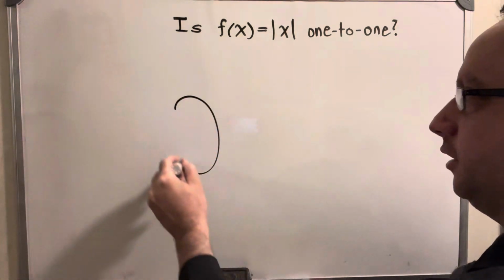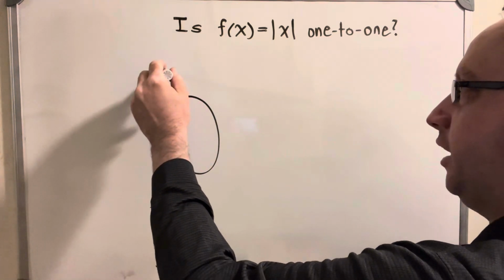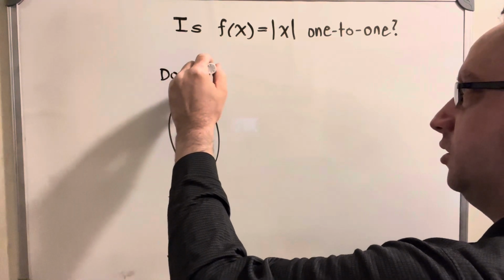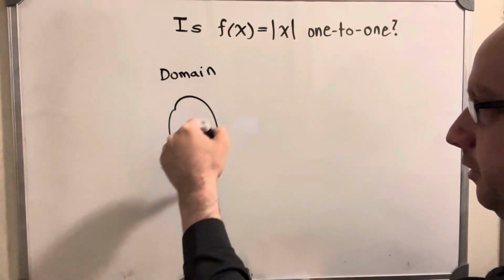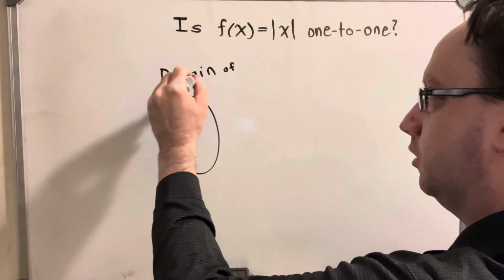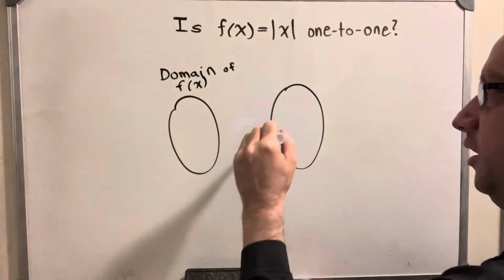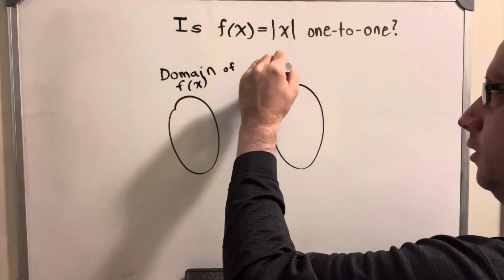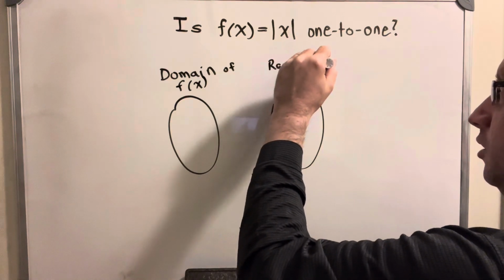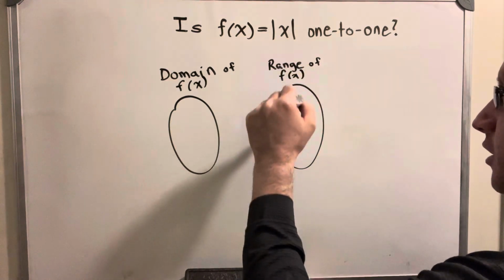First, I'll draw a picture. I'll say if this is the domain, these are all the possible values of the functions. And this is the range.